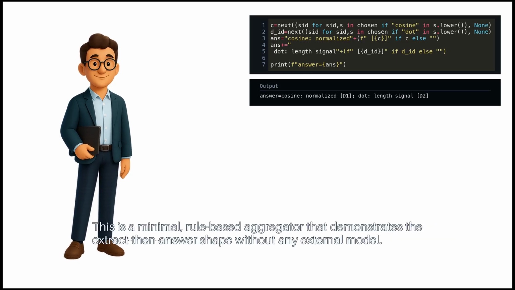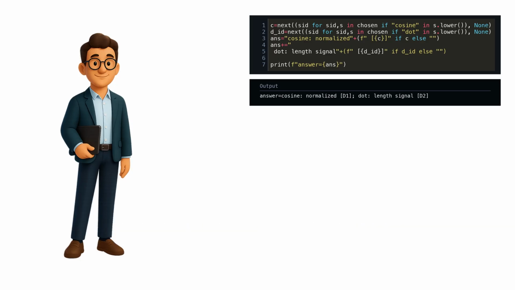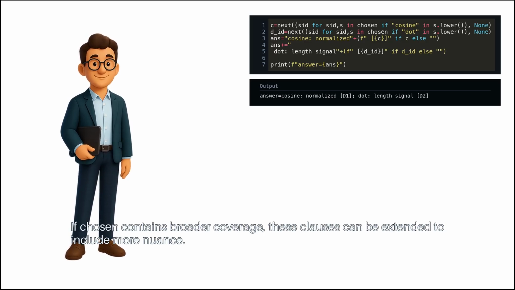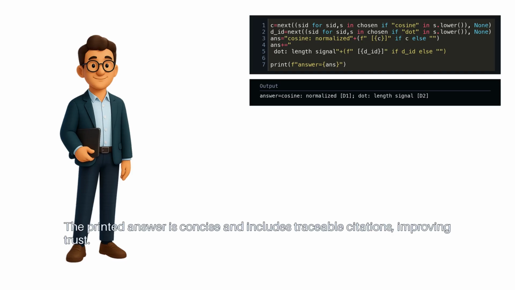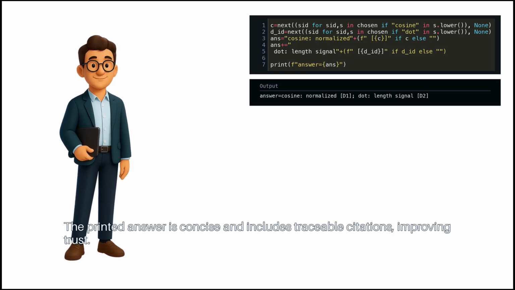This is a minimal, rule-based aggregator that demonstrates the extract then answer shape without any external model. If chosen contains broader coverage, these clauses can be extended to include more nuance. The printed answer is concise and includes traceable citations, improving trust.